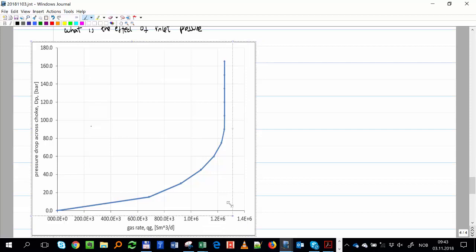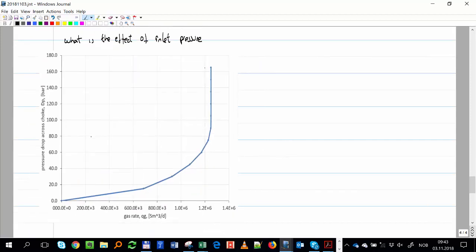Okay, what is the effect? That's the original, that's for P1 equal 205. Now let's say with P1 250 bar, to see where it's going to fall.